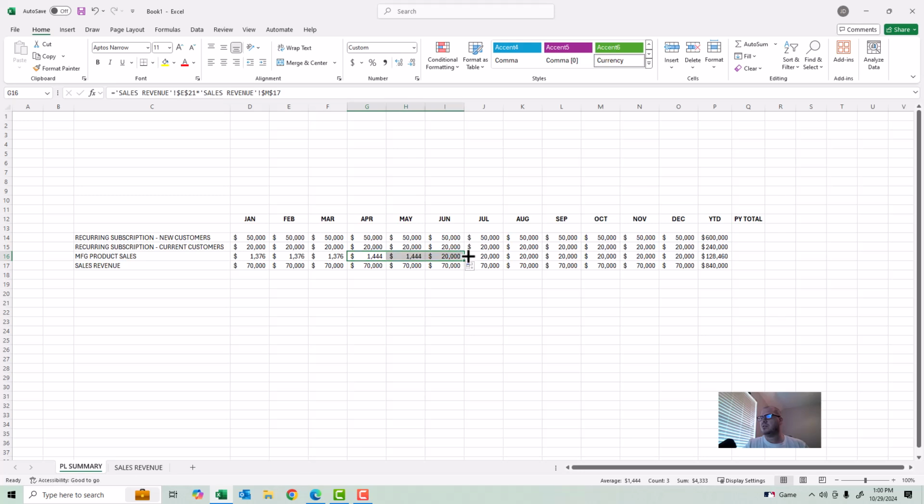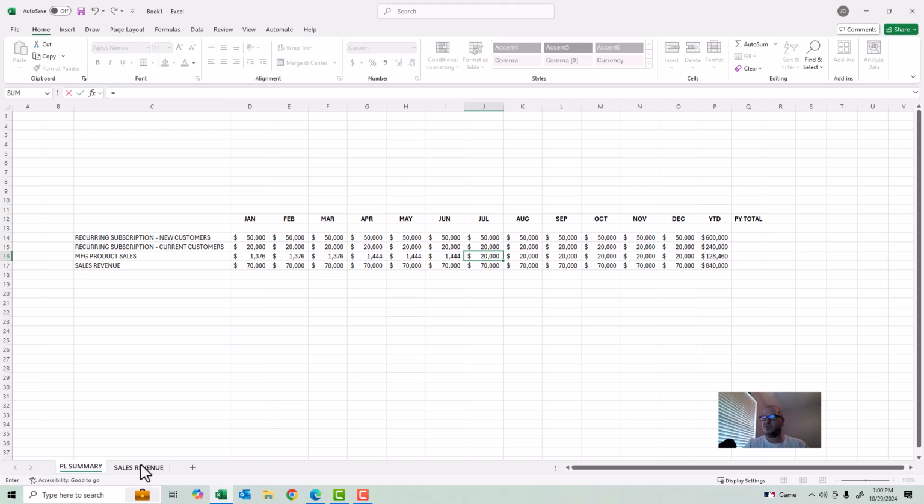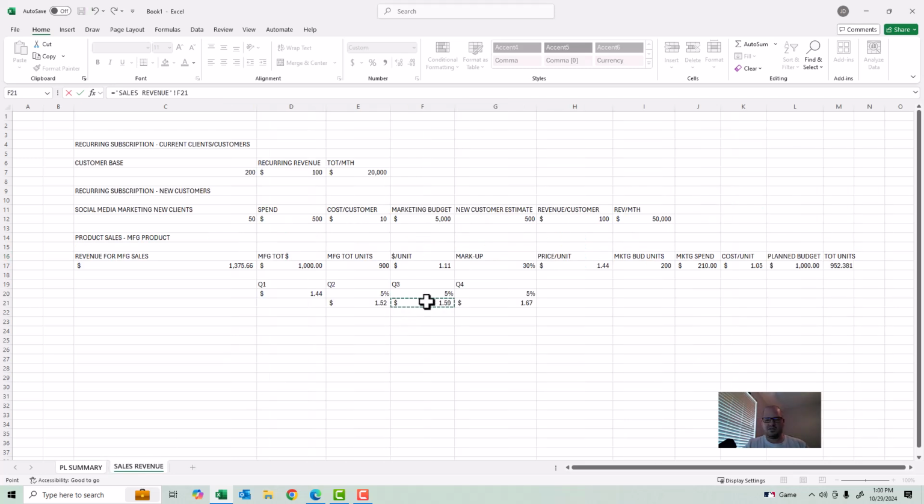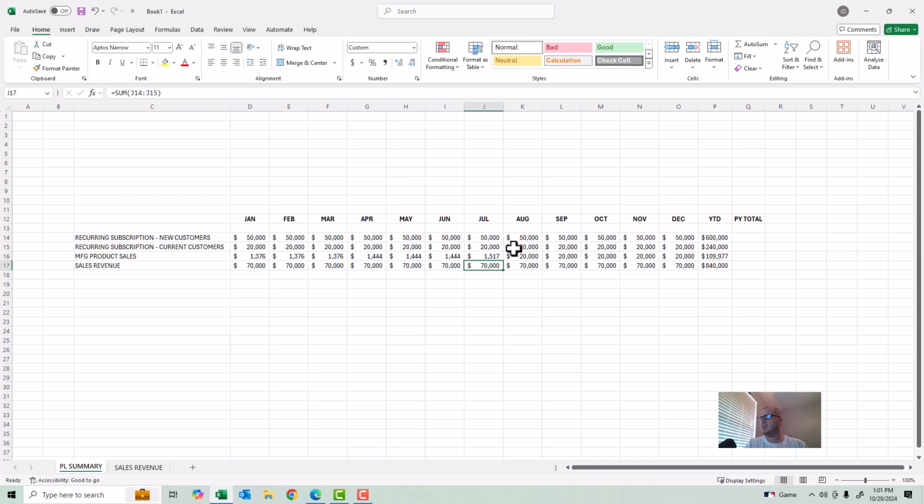Cool. And continue with the Q3 and Q4 rates. Q3, function F4 times total units that we expect to sell, function F4, enter, and we'll drag that over there.